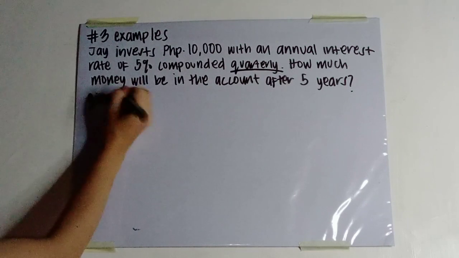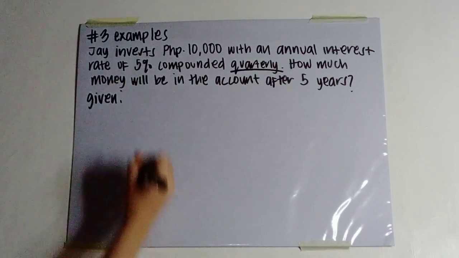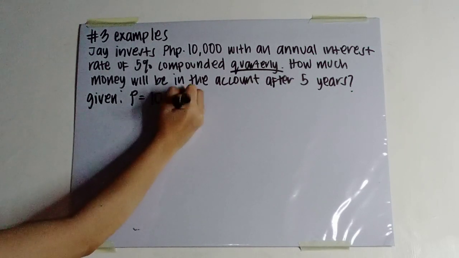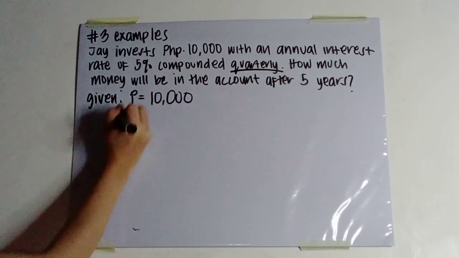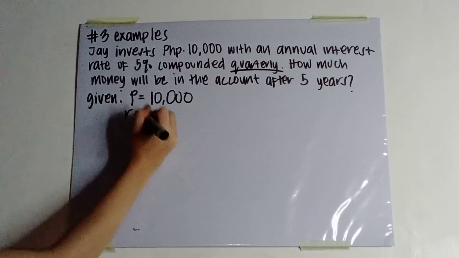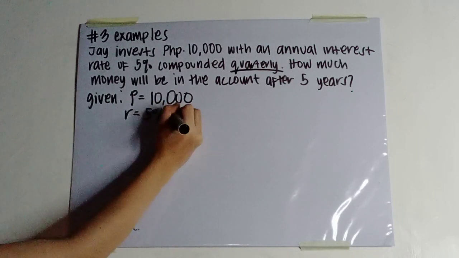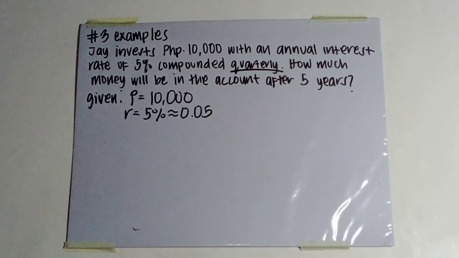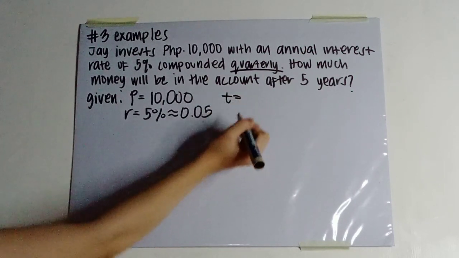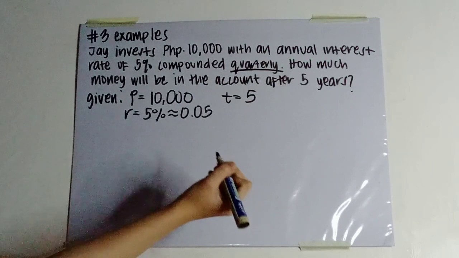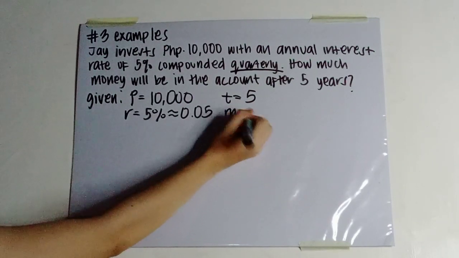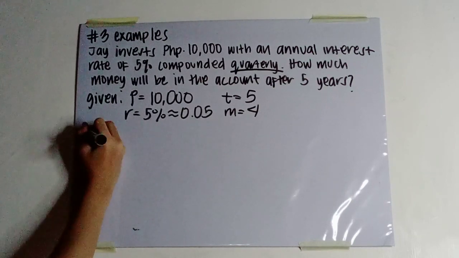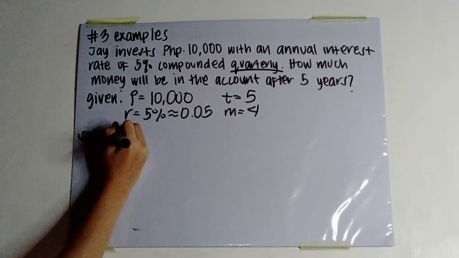Okay, given: P is equal to 10,000 pesos, R is equal to 5%, converted into decimal, 0.05. Time is 5 years. And since quarterly, our M is equal to 4.